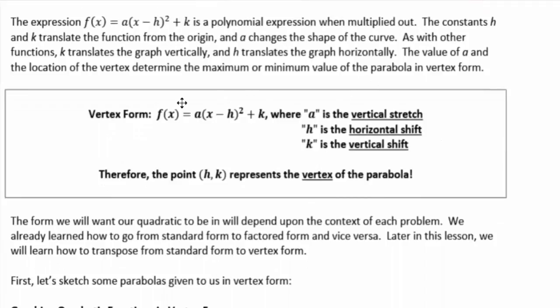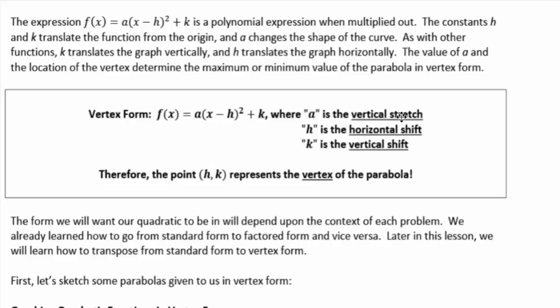Well, vertex form of a parabola is f of x equals a times x minus h squared plus k. This is where you can tell what the vertex is. If we can get the parabola in this form, we can easily identify the vertex, which will help us graph the parabola.